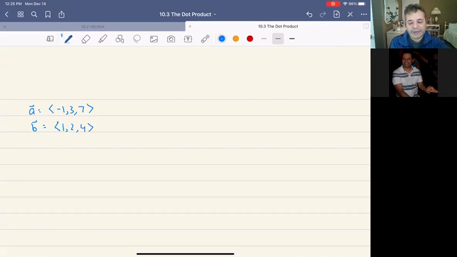We're going to find the scalar and vector projections of B onto A. So that's going to be B dotted with A divided by the magnitude of A. That's the scalar projection.